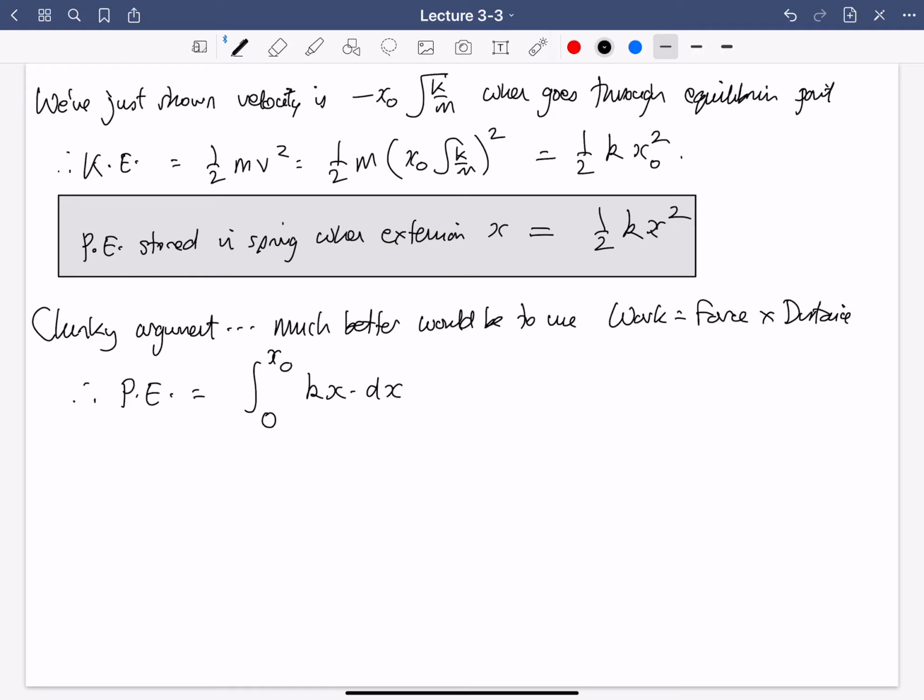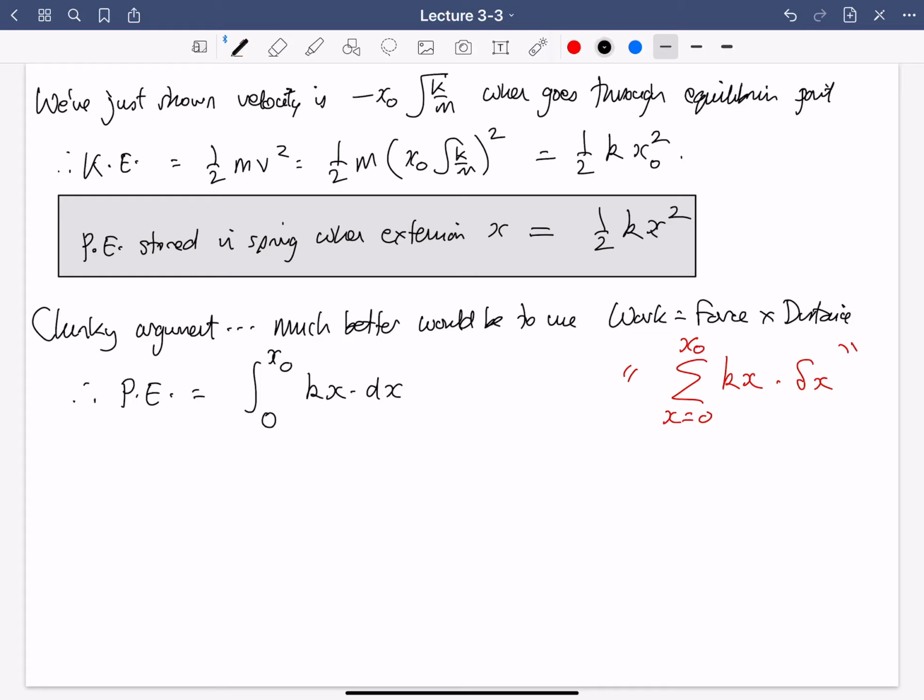It's another perfect situation for an integral. You think about stretching the spring in little tiny pieces, delta x. To move it that little tiny delta x when you're at extension x, the force is roughly constant, and so you add up these little tiny increments of work for each little stretch, and you pass to the limit as delta x goes to 0.